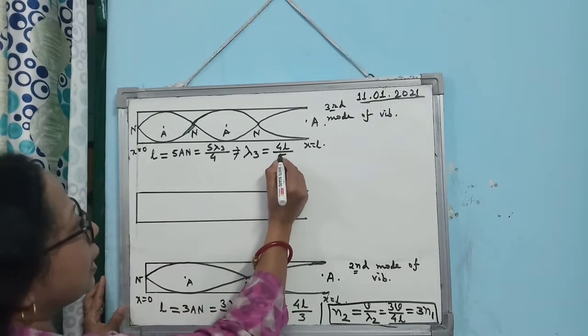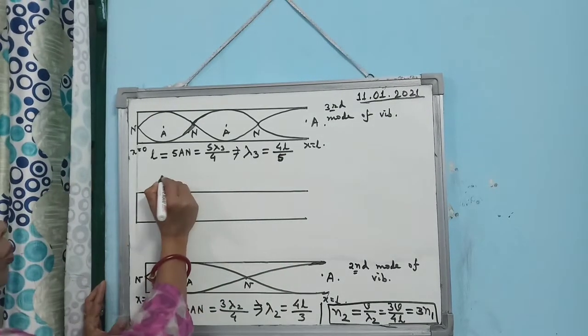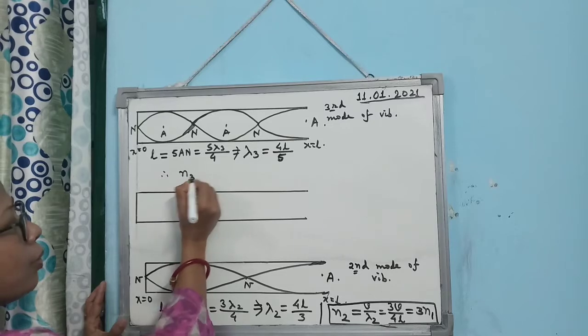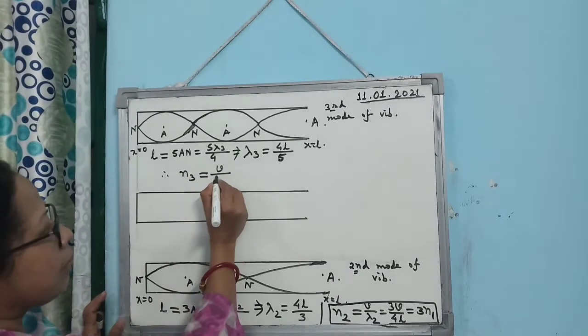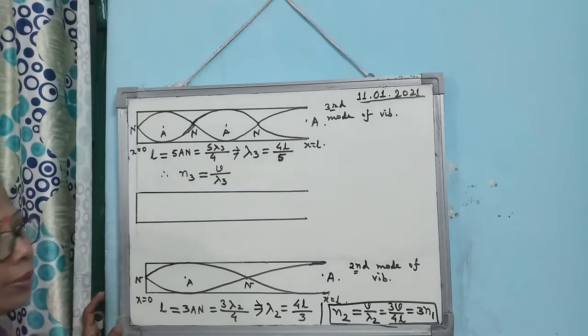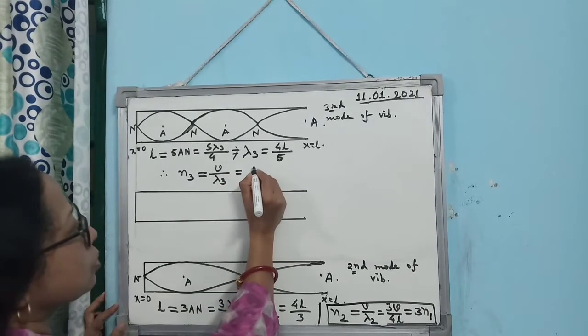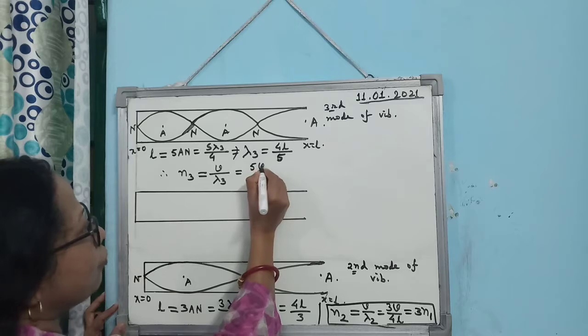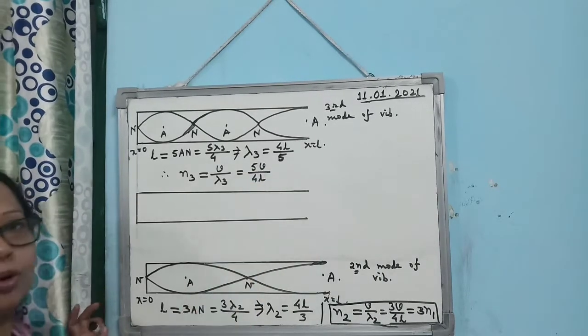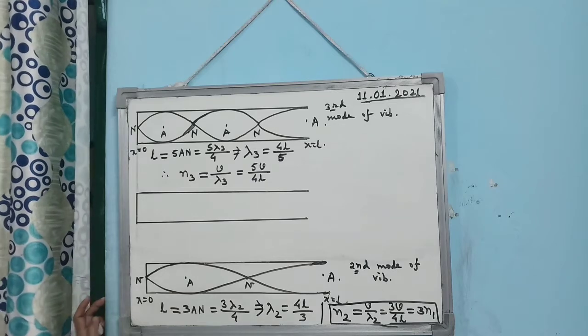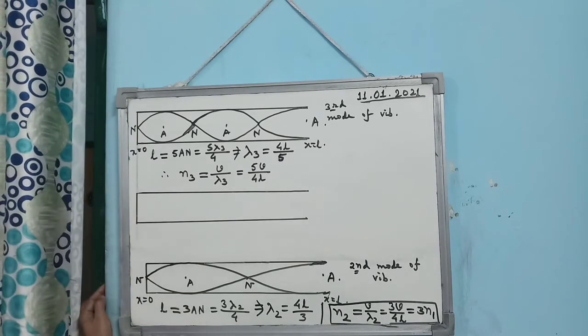Alright, 4L by 5. So what will be the frequency for the third mode of vibration? It will be speed by wavelength, V by lambda 3. If you substitute, you get 5V by 4L. Again, V by 4L is equal to the fundamental frequency N1.